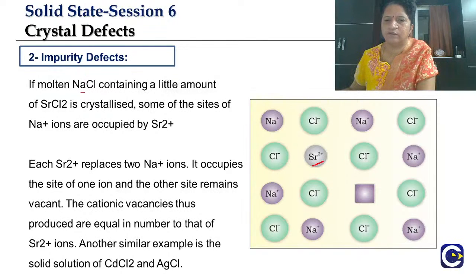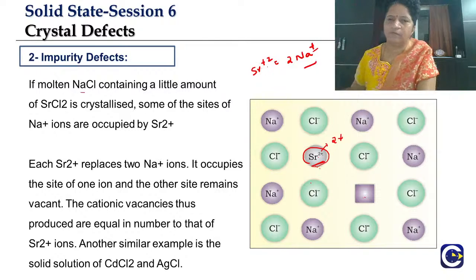Here you can see strontium ion occupying the places of the sodium ions. One strontium ion, because it has a charge of 2+, is equal to 2 sodium ions when I compare it with the charge.